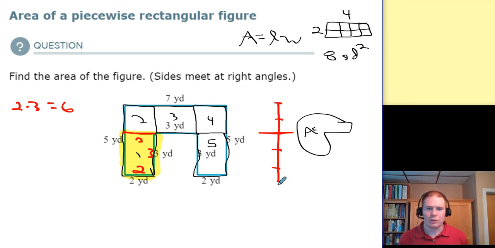I just keep counting. 1, 2, 3, 4, 5. Here's 2 to 3. Right? The total is 5. 3 plus what is 5? 3 plus 2 is 5. So here's 2 by 2 for the second rectangle. Two times 2 is 4.